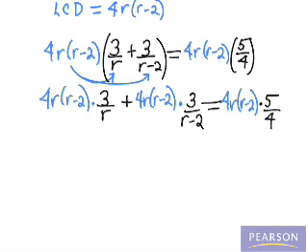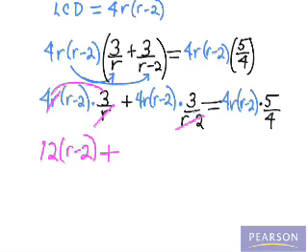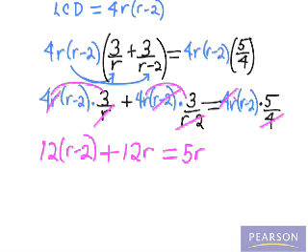Dividing out factors common to each numerator and denominator, the R's divide out, and we have 4 times 3, 12 times R minus 2, plus the R minus 2's divide out, 12R equals the 4's divide out, and we have 5R(R minus 2).